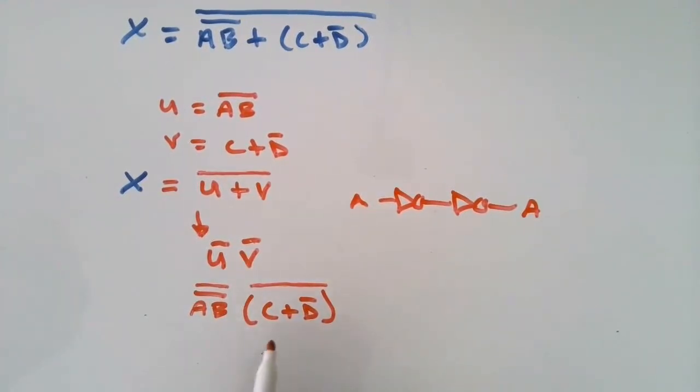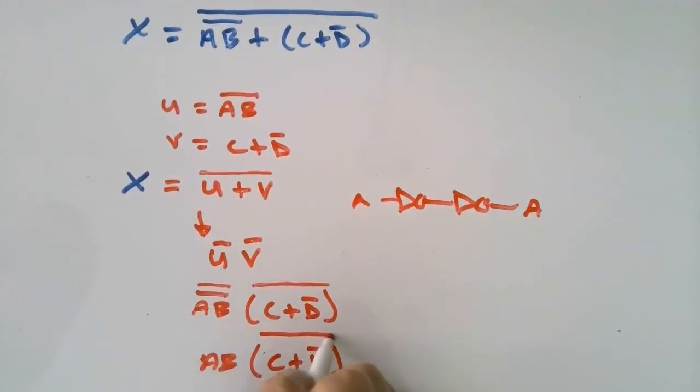That means A and B no longer has any bar over it. It's just A and B. But we're still ANDed with C or D naught, and we have a complement here.